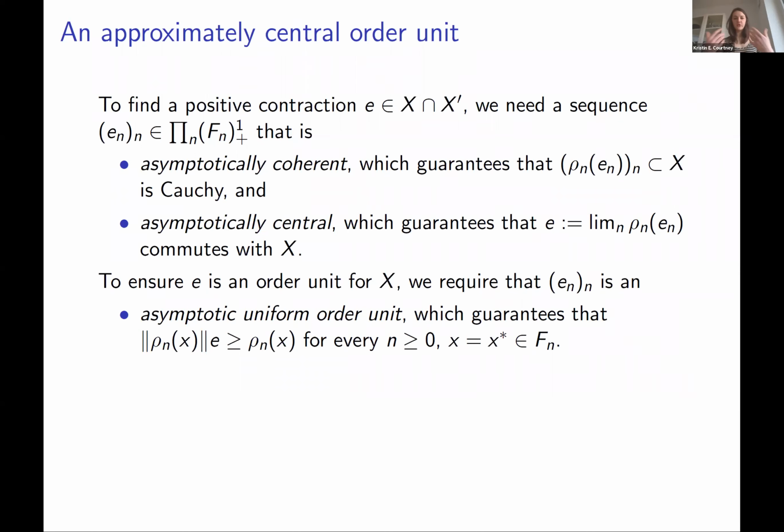So this is just this uniform order unit criterion, but since we have this nice uniformity, the fact that it's an order unit on this dense subspace, the union of the images of the F_n inside of X, will actually pass to all of X.